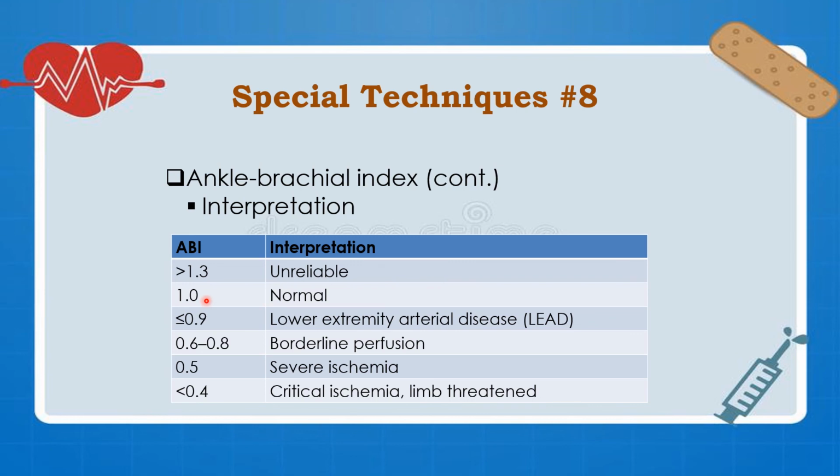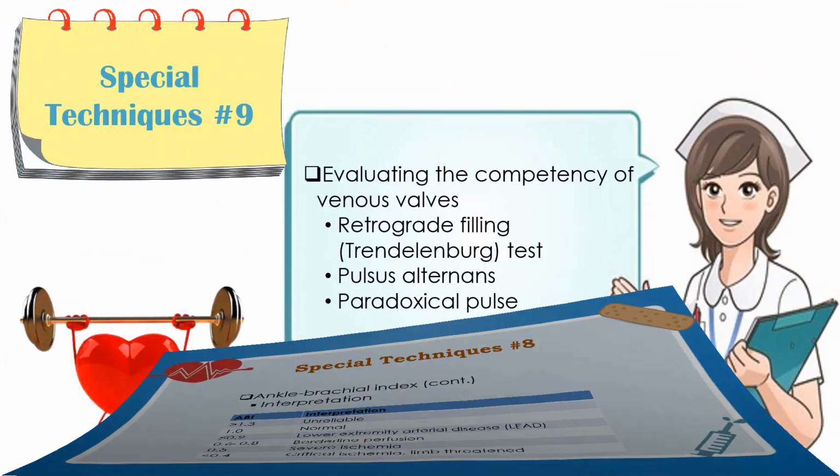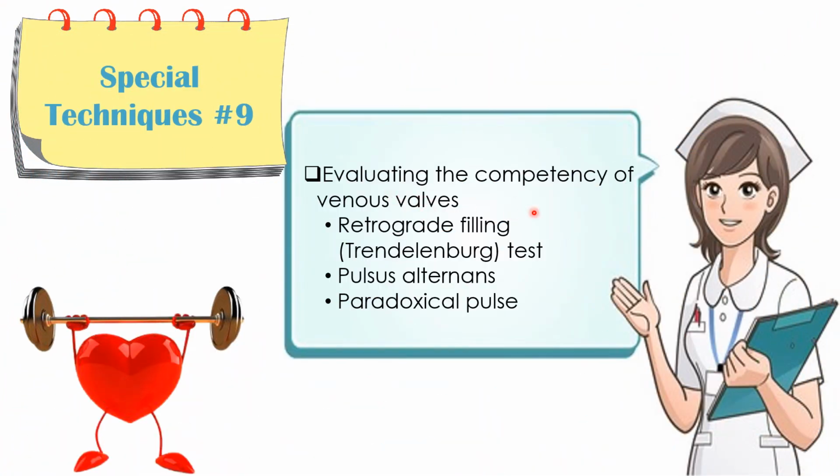So the normal is 1. Okay, to evaluate the competency of the venous valves, you can do this by checking the retrograde filling or the Trendelenburg test, or through pulsus alternans, or by paradoxical pulse.